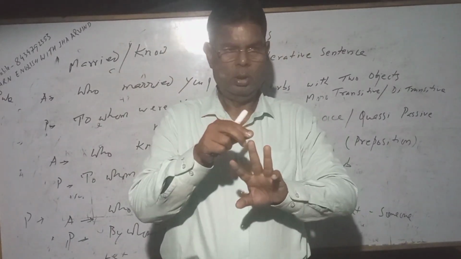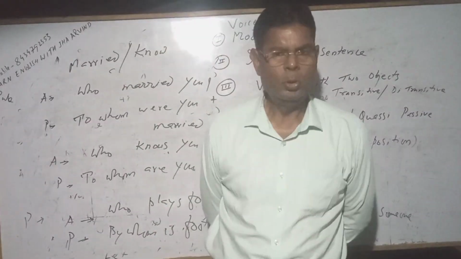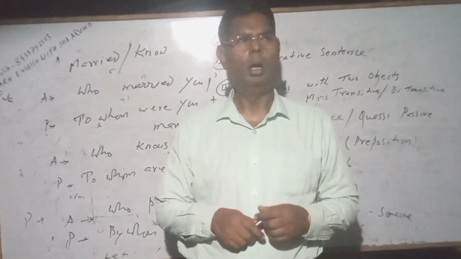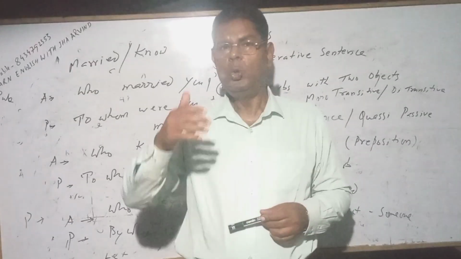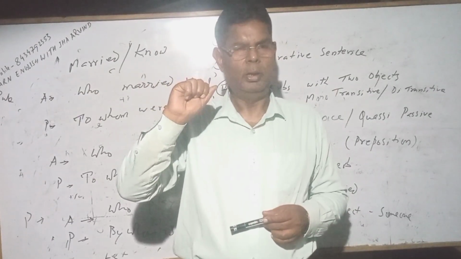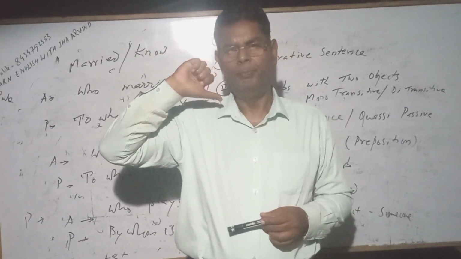Get, make, and have. These are called causative verbs. What is a causative verb? Let us know. If no one does the work, it is not a causative verb. Work is being done by someone else.